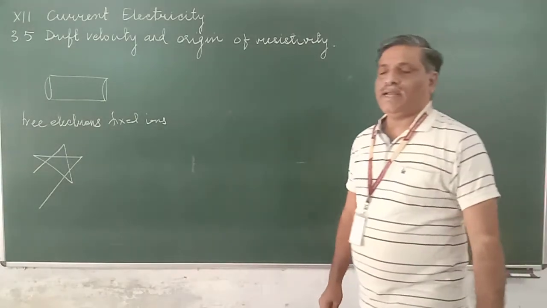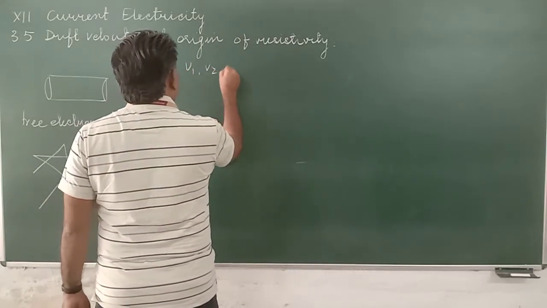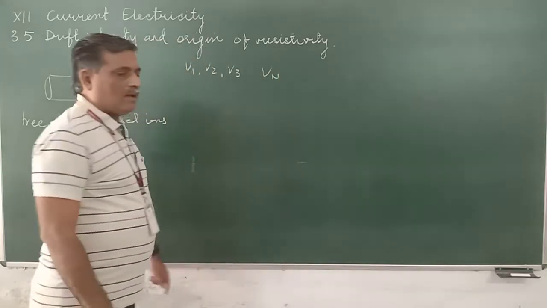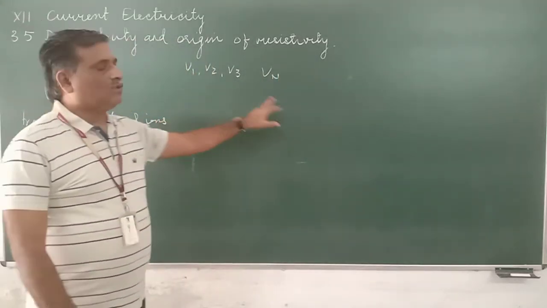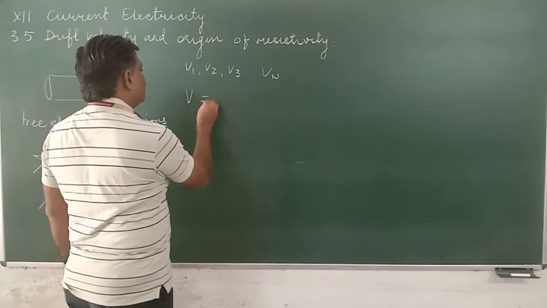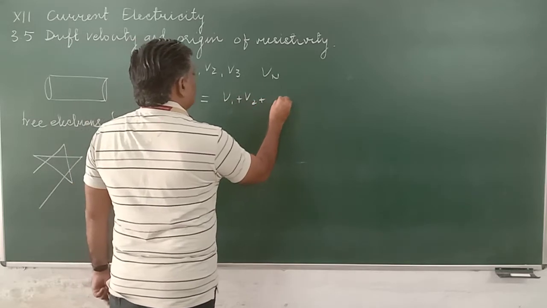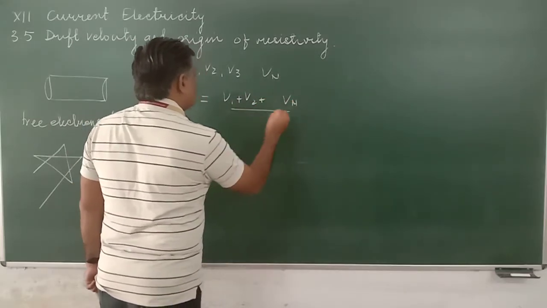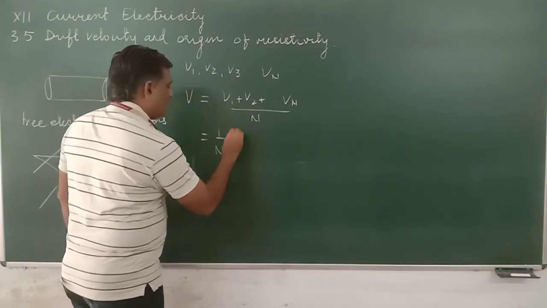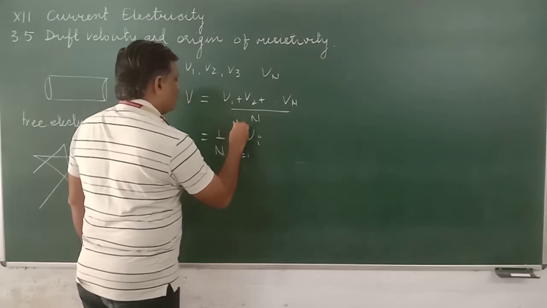Suppose that there are n number of electrons and V1, V2, V3, and so on, Vn are the velocities of different electrons. Then the average velocity V is equal to (V1 plus V2 plus so on Vn) divided by n, which is given by 1/n summation Vi, i goes from 1 to n.